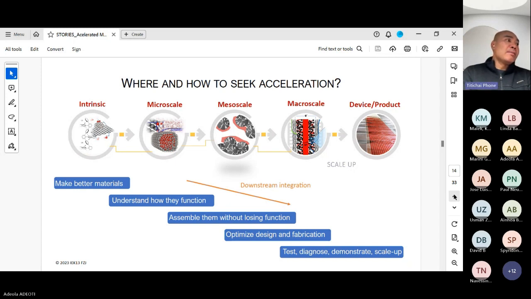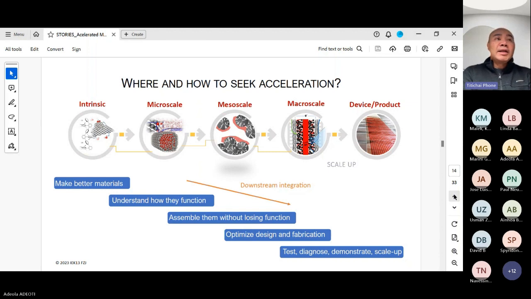We've seen that there are different research and development questions that need to be answered along the way, right? And those are shown in the blue box, right? You make the materials better, you understand how they function, etc. All the way down to testing and demonstration.